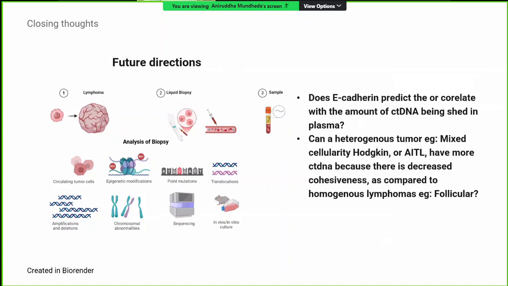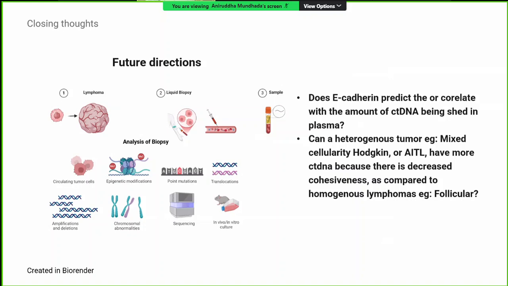So coming to the closing thoughts and the future directions. While going through all these presentations and papers while working on the talk, I was thinking, can E-cadherin predict or correlate with the amount of ctDNA being shed in plasma for lymphoma?